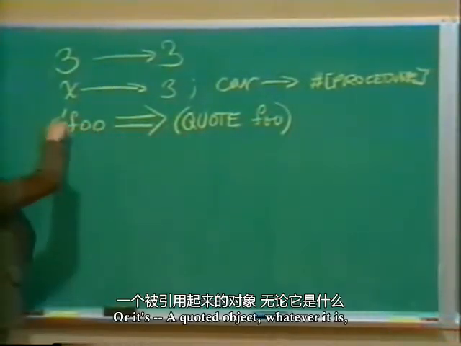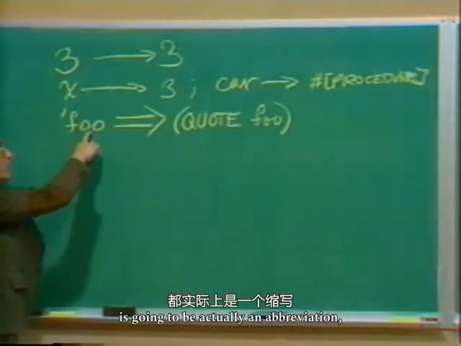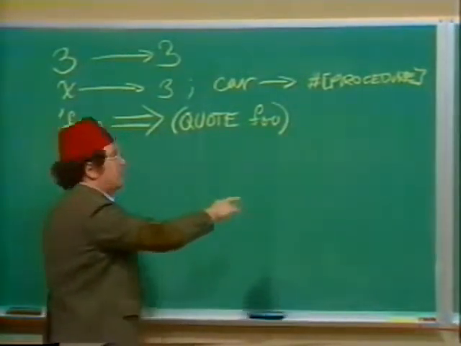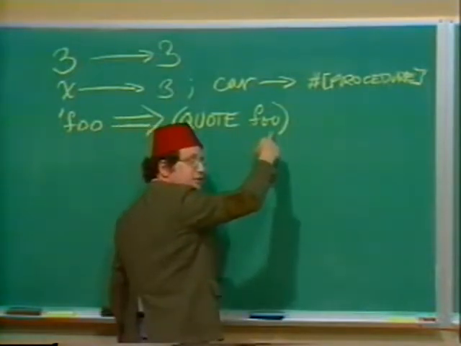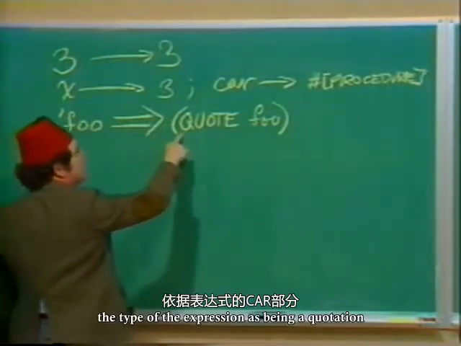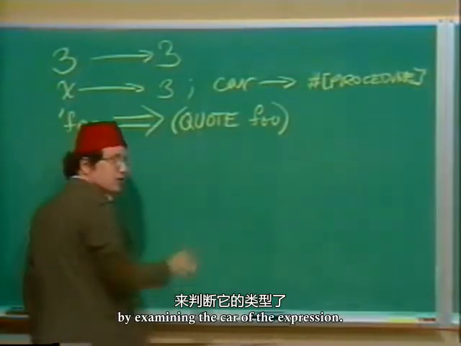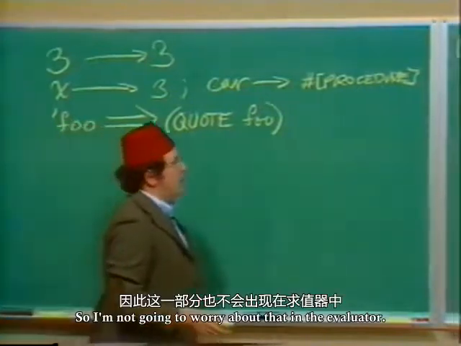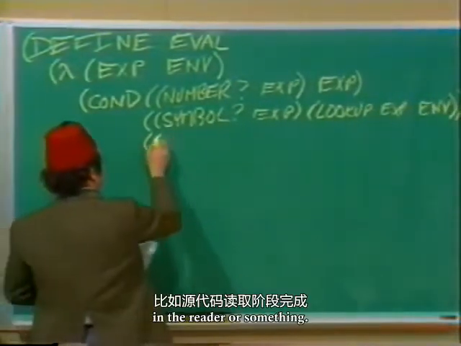It's going to be an abbreviation, which is not part of the evaluator, but happens somewhere else, an abbreviation for an expression that looks like this. This way I can test for the type of the expression as being a quotation by examining the car of the expression. So I'm not going to worry about that in the evaluator. It's happening somewhere earlier in the reader or something.